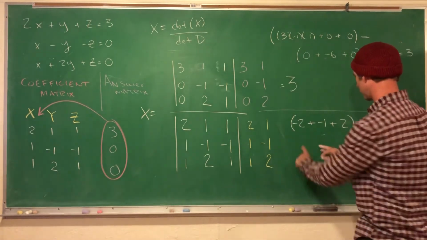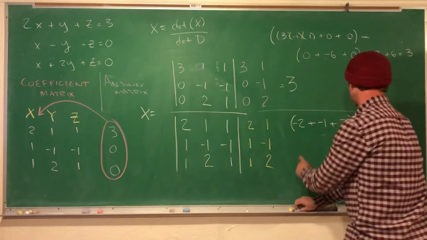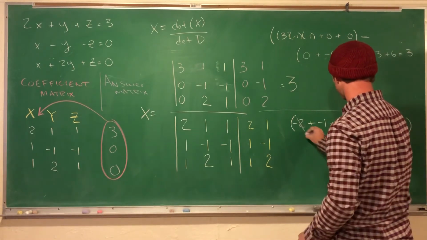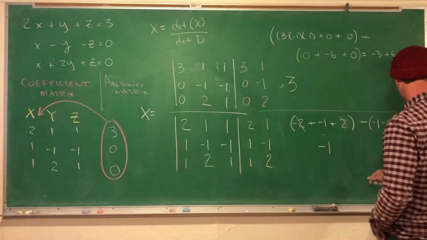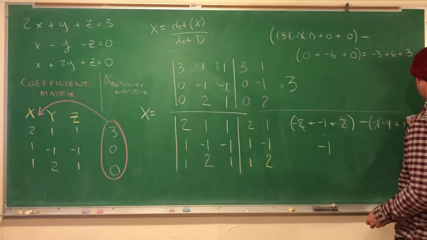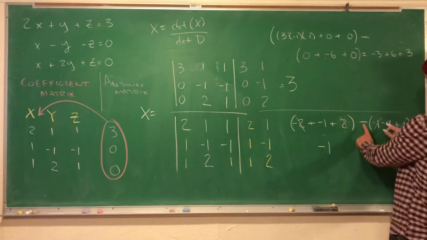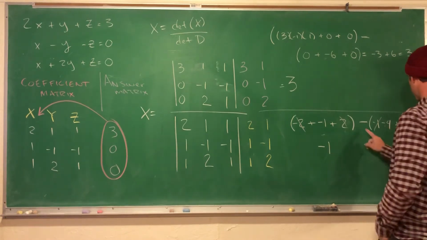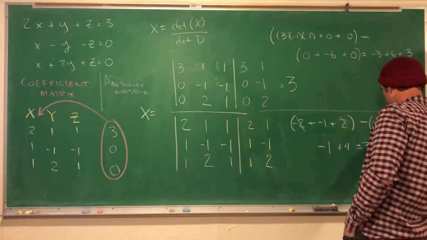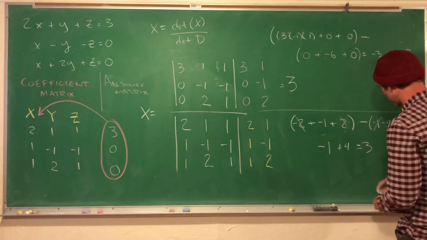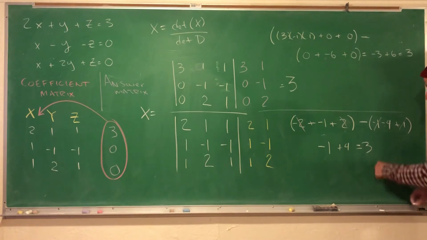These guys will cancel right here. I get negative 1. Those guys cancel. Add those up, you get plus 4. So this is my denominator.